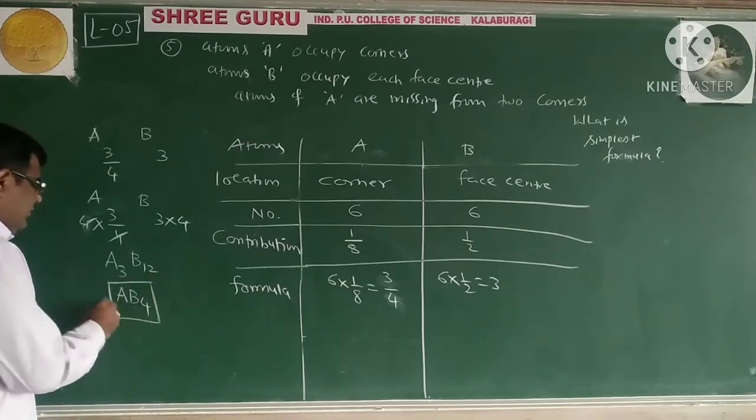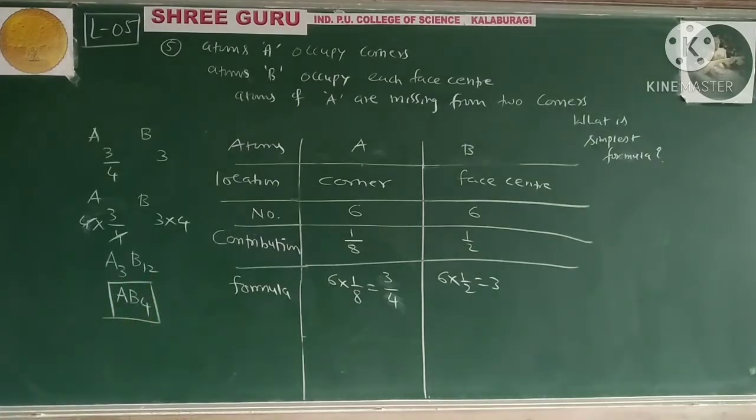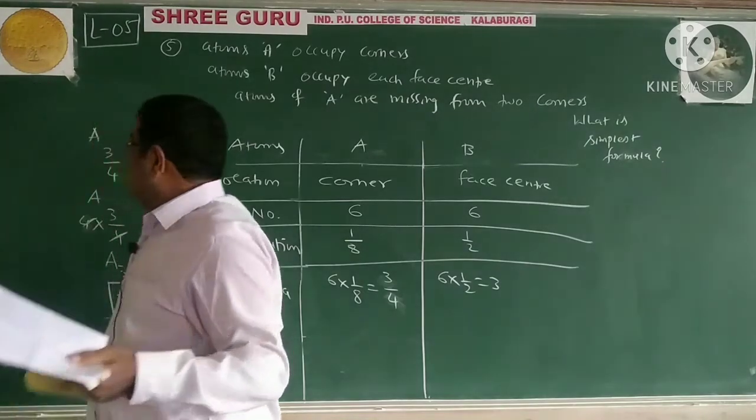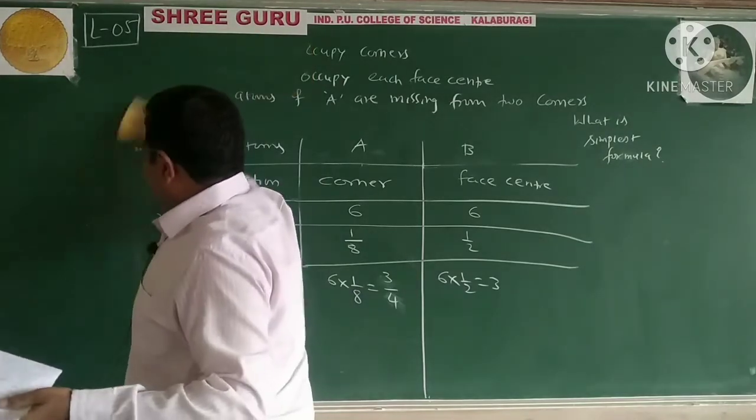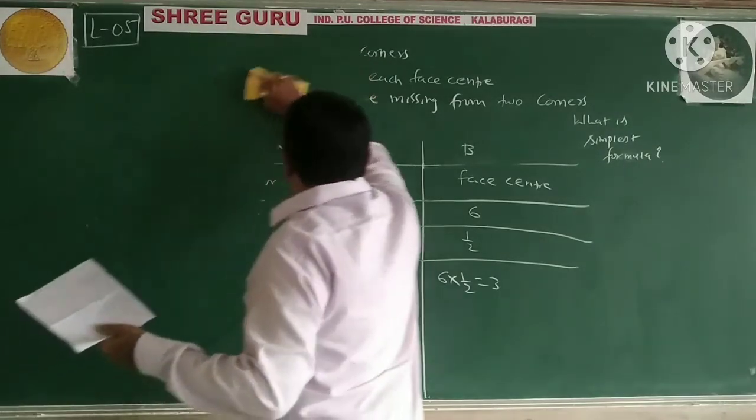That would be the correct form, because 3 and 12 can again simplify in this way. So this is question number 5, and we'll have one more type of question like this, and then I may give you one homework. We'll see how we'll go further.